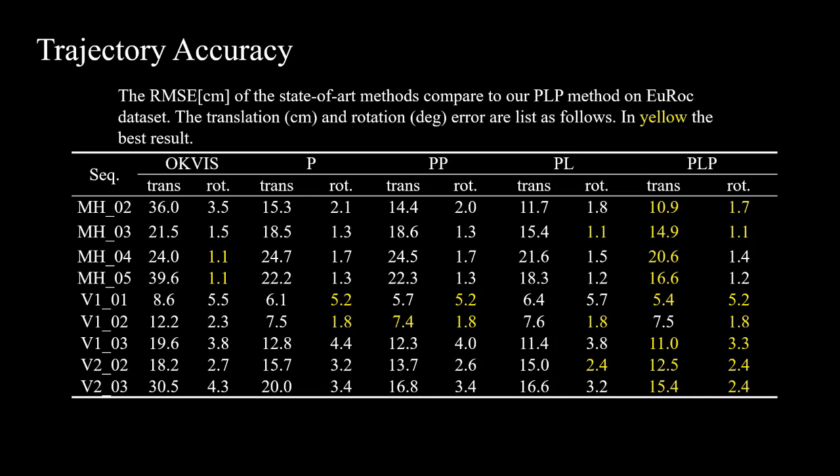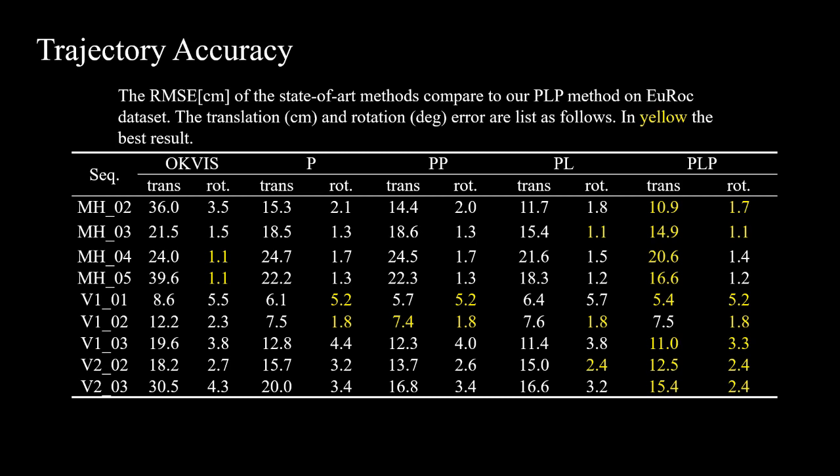We evaluate the RMSE APE of the pipelines VINS-Mono, P, PP, PL, and PLP on EuRoC datasets. We denote VINS-Mono as P, which only uses point features. PP uses point features and co-planarity constraints. PL-VIO is denoted as PL, which uses both point and line features.